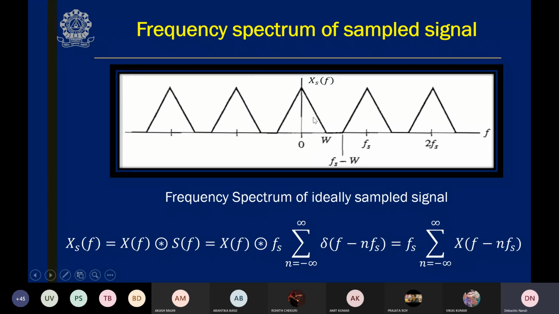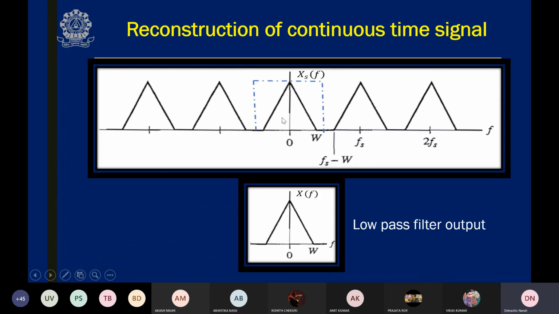Now you see we have so many bands, but which particular band is representing the original signal? This center band, this one, is representing the original analog signal.